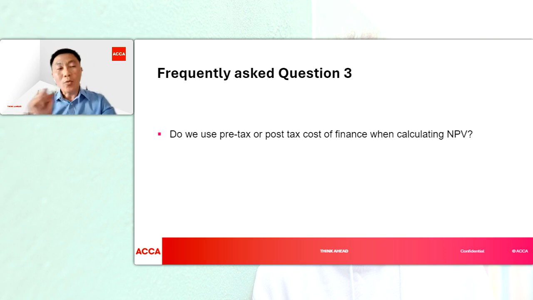What is the answer? Should we use the pre-tax or post-tax cost of debt in the calculation of WACC that serves as the discount rate for deriving the NPV? And the answer is post-tax. If you refer to the formula of WACC, the Kd comes with a factor to multiply by 1 minus tax rate.